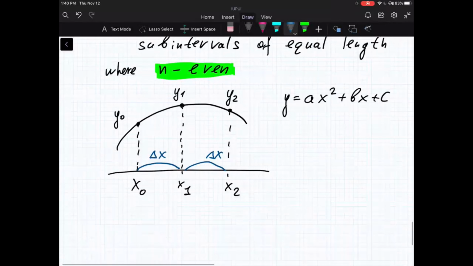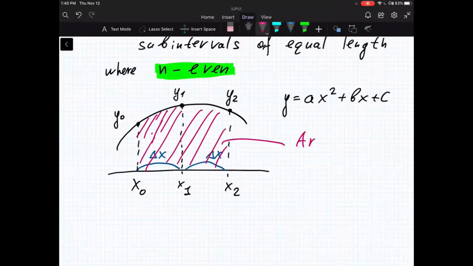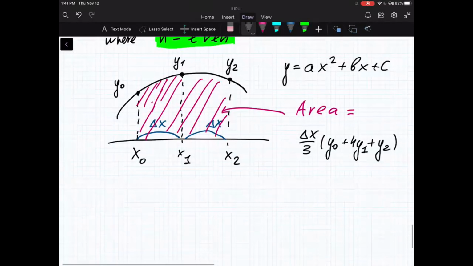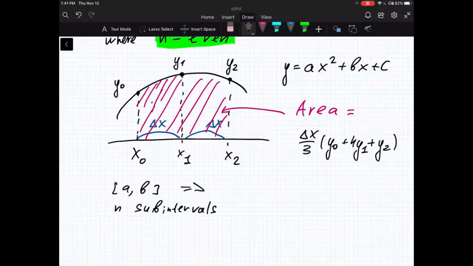Then you can show that the area under this parabola will be delta x over 3 times y0 plus 4y1 plus y2, where delta x, as we discussed, if we have interval ab and n subintervals, will be b minus a divided by n.